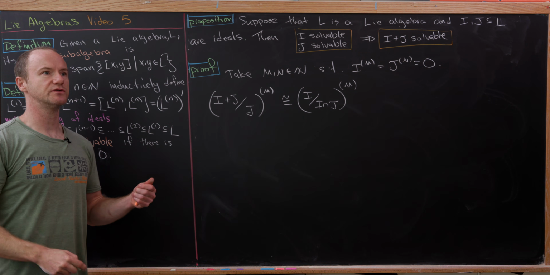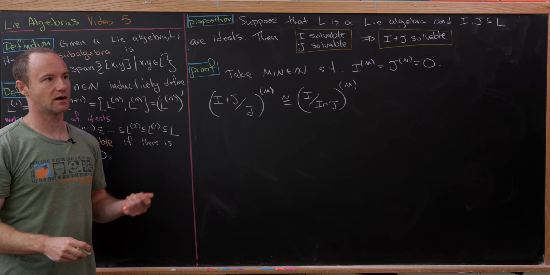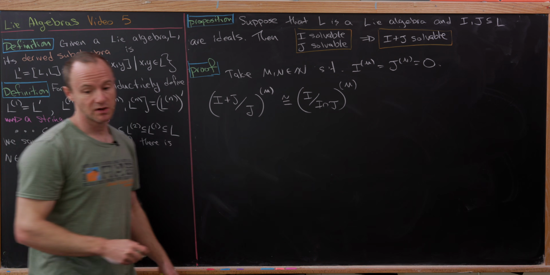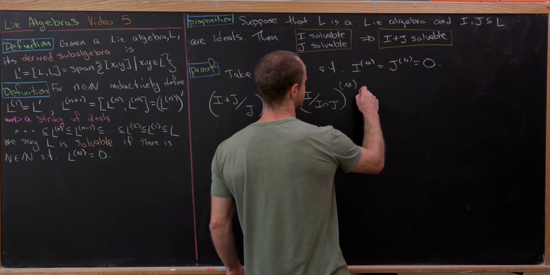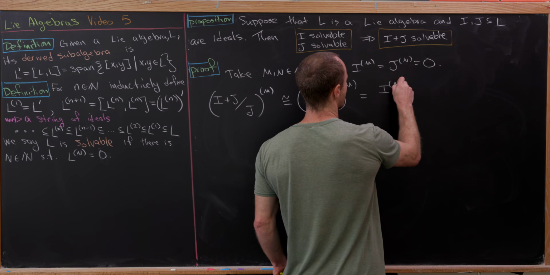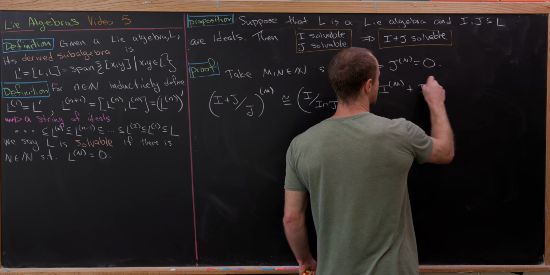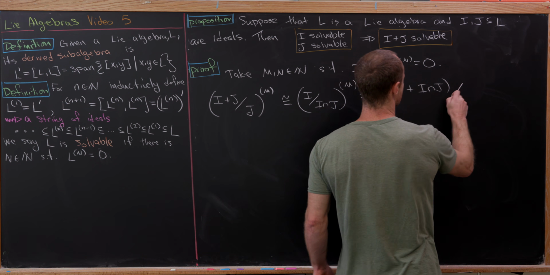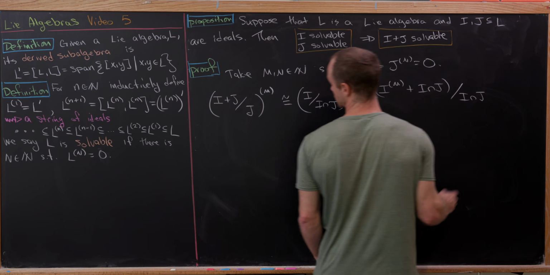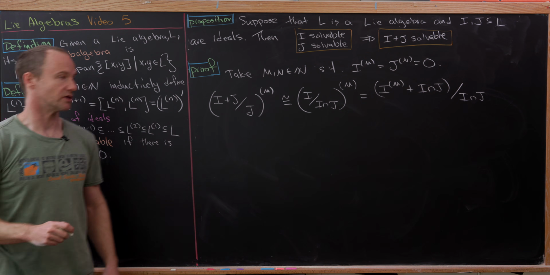And then we can use that claim that we had on the inside of the previous proposition to say that this is (I^M + I ∩ J)/(I ∩ J). Okay, good.